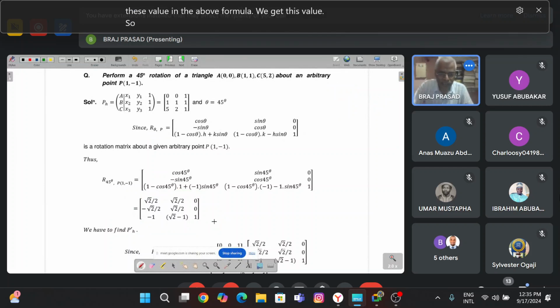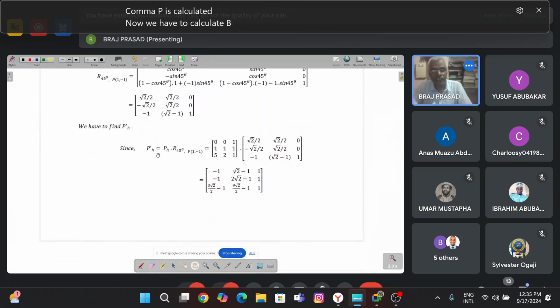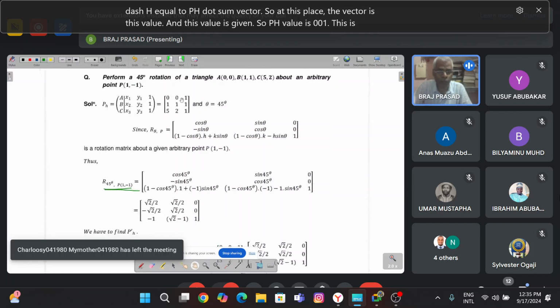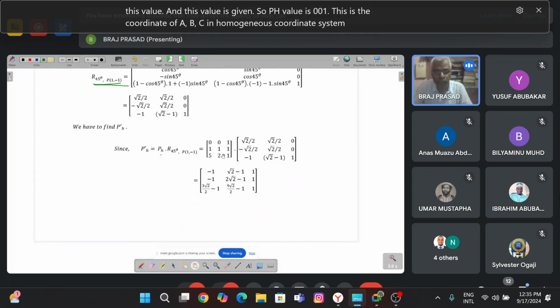So R theta comma P is calculated. Now we have to calculate P dash h, and the universal formula is P dash h equals Ph dot some vector. At this place the vector is this value, and this value is given. So the Ph value is 0, 0, 1. This is the coordinate of ABC in the homogeneous coordinate system, and we put this value.